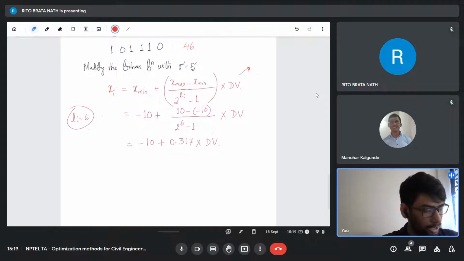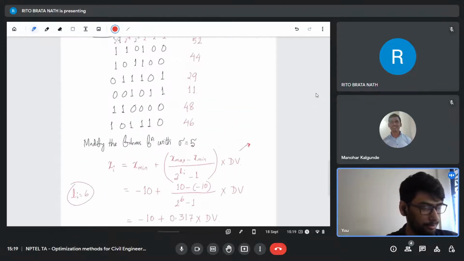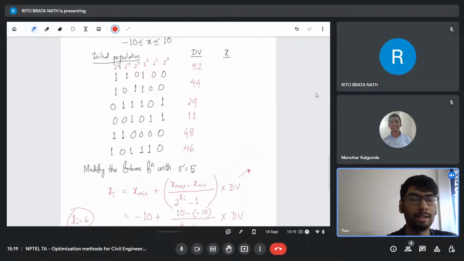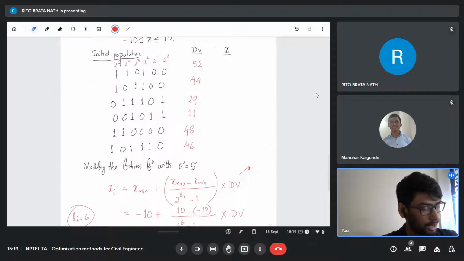All right. Now you just have to convert correspondingly. You put in the dv values and you will get the x values. You can do it in Excel or somewhere, and get this easily if you just put the formula there and drag it. But since I'm not going into Excel right now, I'll just quickly calculate and write the values. So let's try and do that.